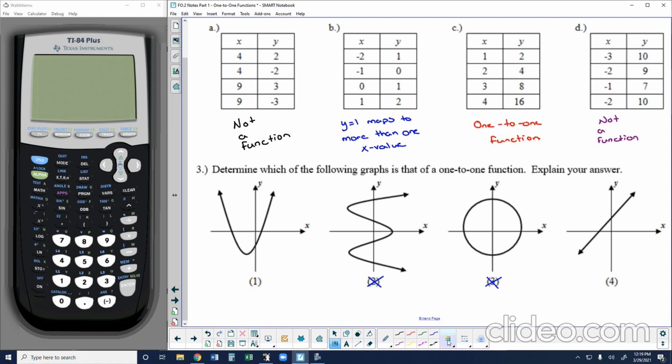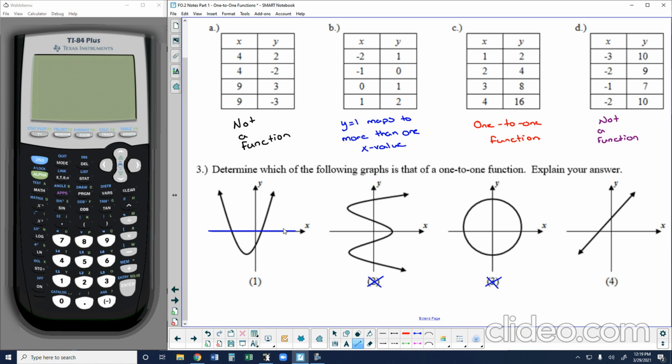Visually, graphically, the vertical line test compares x values to one y value. We could do a horizontal line test. A horizontal line test will tell you how many x values there are to a single y value. So let's say we use the x-axis as my horizontal line.